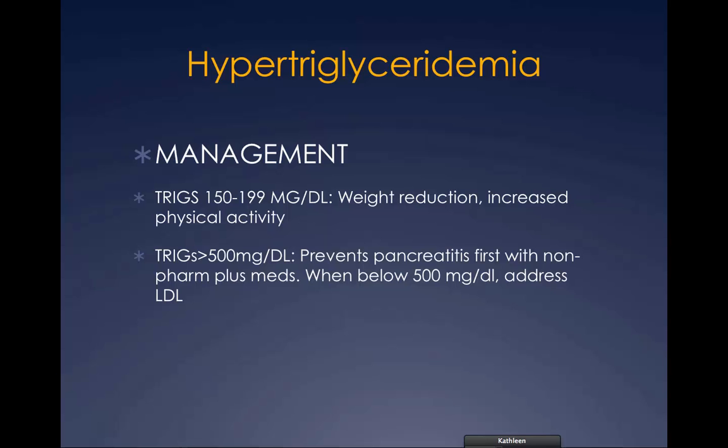For triglycerides of 150 to 199, weight reduction and increased physical activity. Triglycerides greater than 500, you want to prevent pancreatitis first with non-pharmacologic plus medications. When below 500, address the LDL.